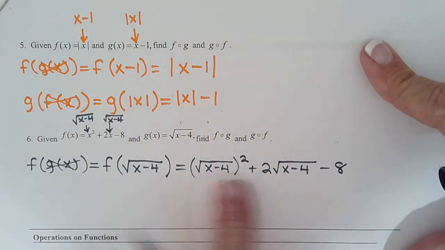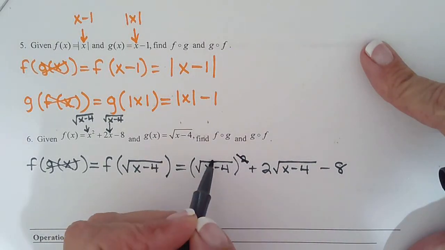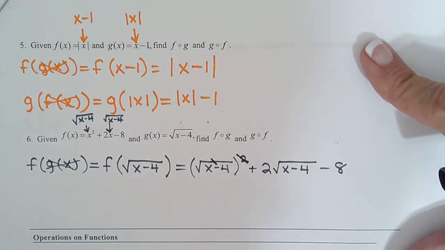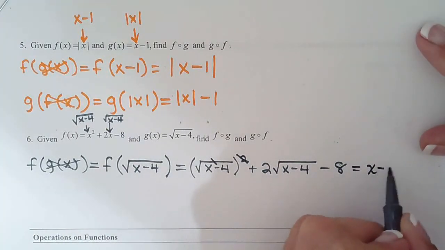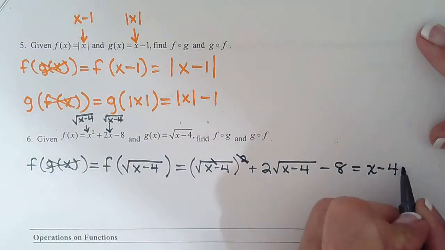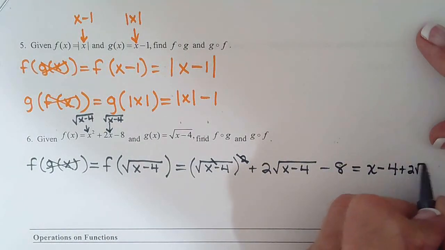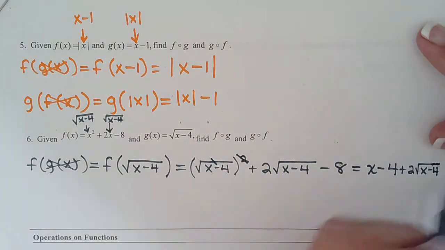So we need to evaluate this. So do you remember from chapter 6 that those just undo each other? So we get x minus 4. Nothing I can do there, so I just keep that the same, plus 2 square root x minus 4, and then minus 8.